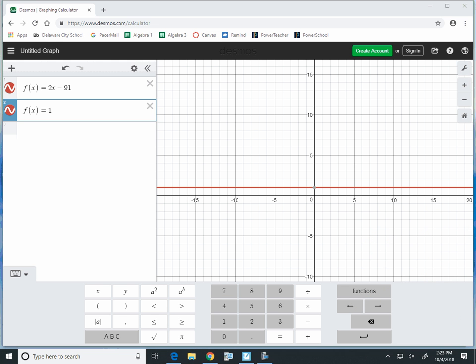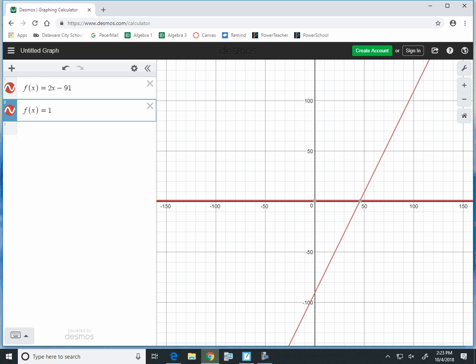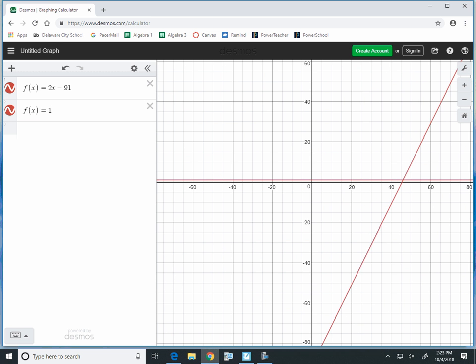Now I can't even see my graph right now, so I'm going to zoom out. There it is. So now you can see your actual line. On your notes it says, look at where the graphs intersect and click on that point. They intersect at 46, 1. You're looking for the x value, so you're going to put x equals 46.